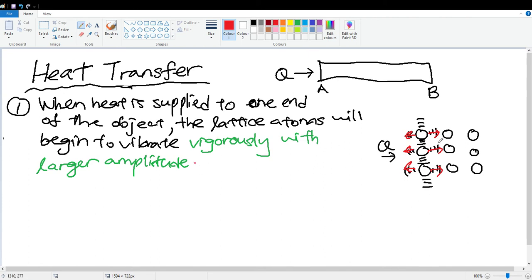After the vibration of the first column, it will eventually collide with the second column of atoms.